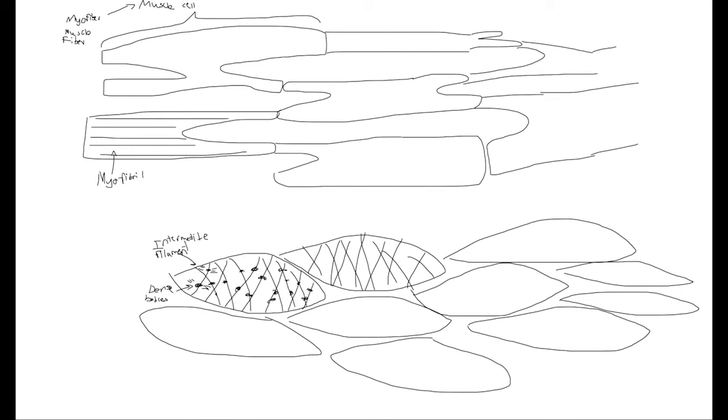So when they contract, the intermediate filaments will be pulled, and then the entire cell will contract. Because these intermediate filaments are going around the cell, so when these contract, the entire cell is going to contract.